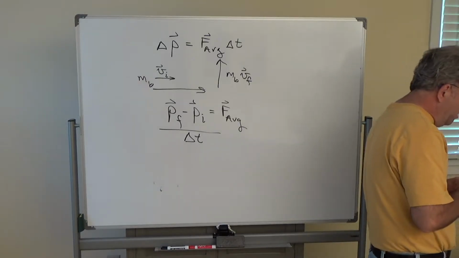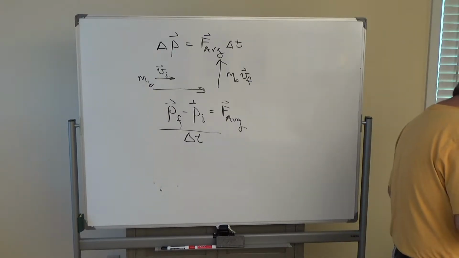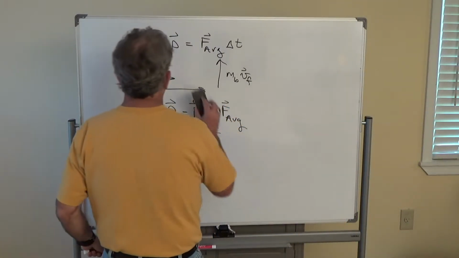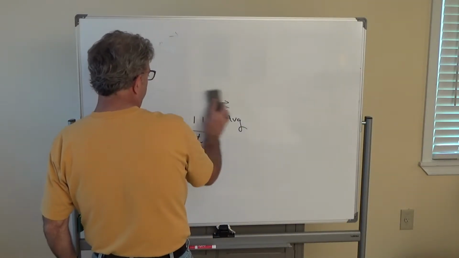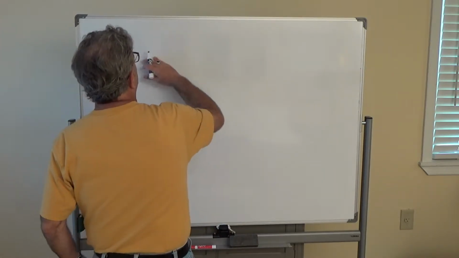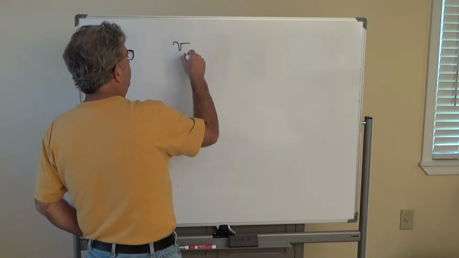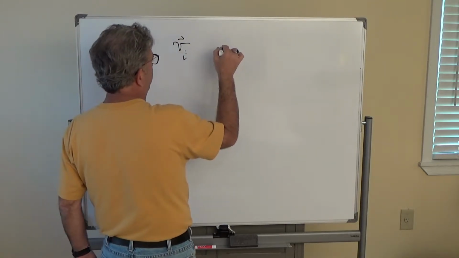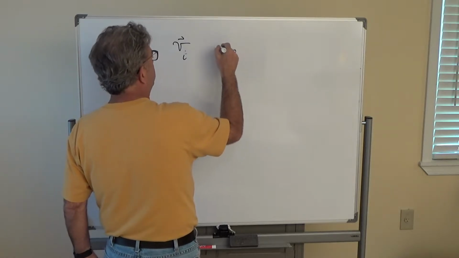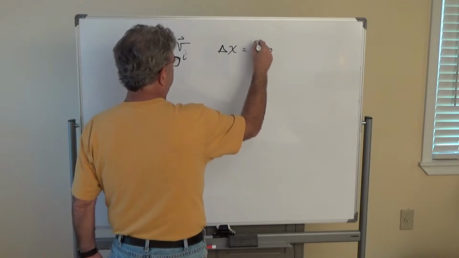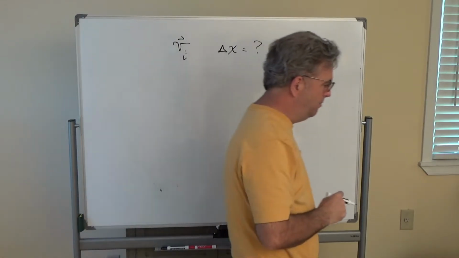All right, so you know the initial velocity, it's uniform, and you know the distance, so delta x is equal to 1.2 meters.